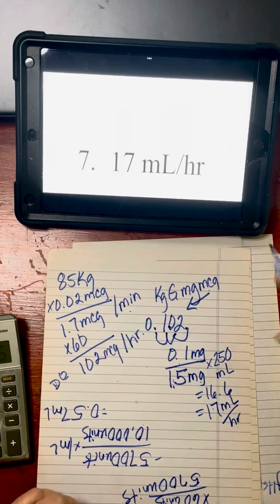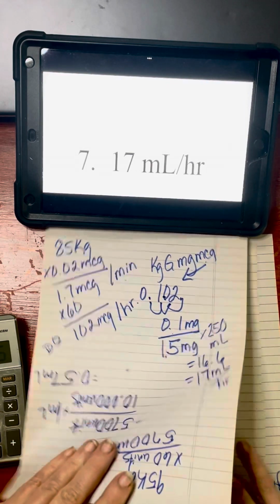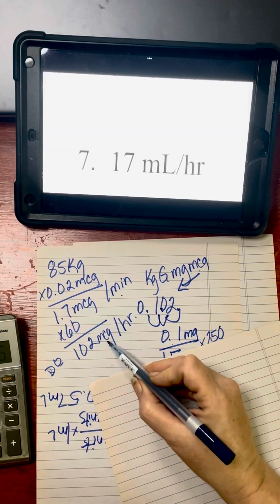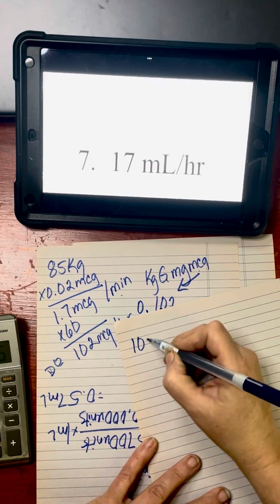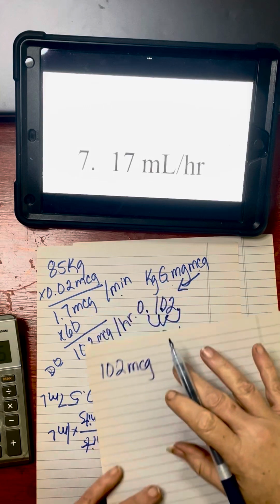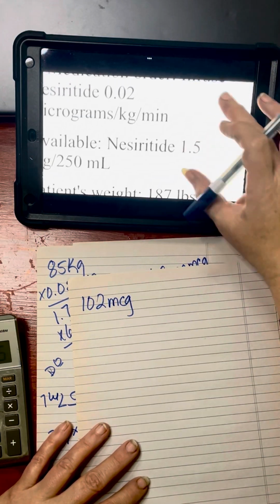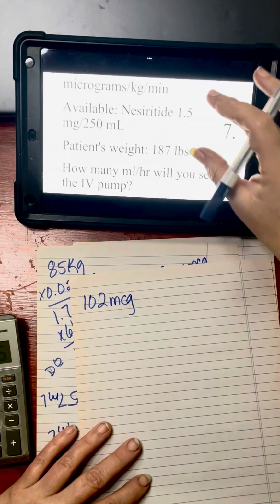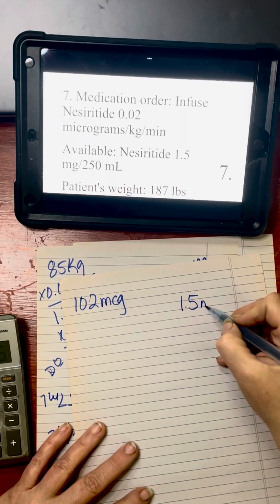Okay. So I want to come back to right here where we had figured out that it was 102 micrograms per hour. 102 micrograms per hour is what he wanted. And what we had is 1.5 milligrams.